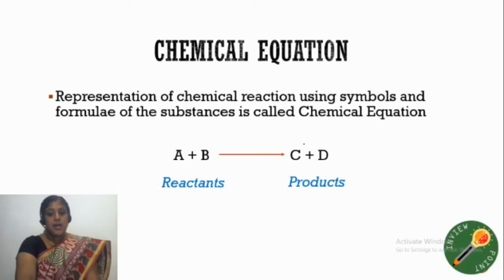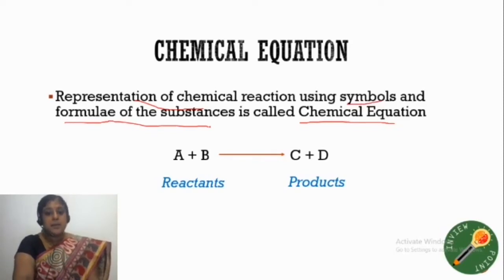A chemical equation is representation of chemical reaction using symbols and formulae of the substances. Representation of chemical reaction using symbols and formulae of the substances is called a chemical equation.